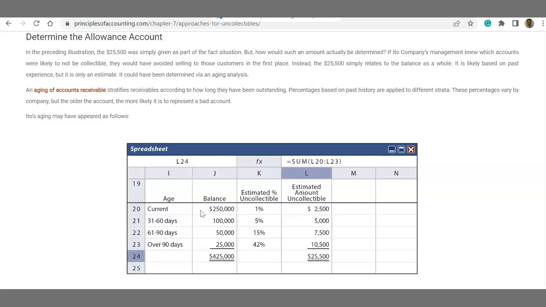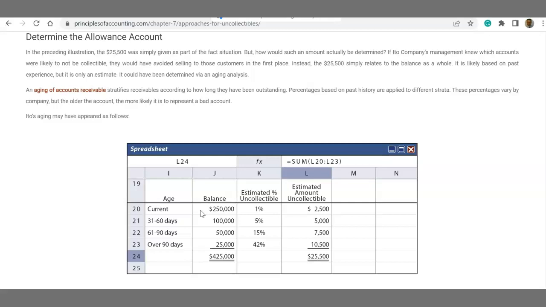The reason is under percentage of credit sales, your credit sales is a few $1 million. It's a very big, large number. And that's why when you go with the percentage of credit sales, a few $1,000s left over in the allowance T account from last period doesn't matter. You don't need to use that in your calculation.